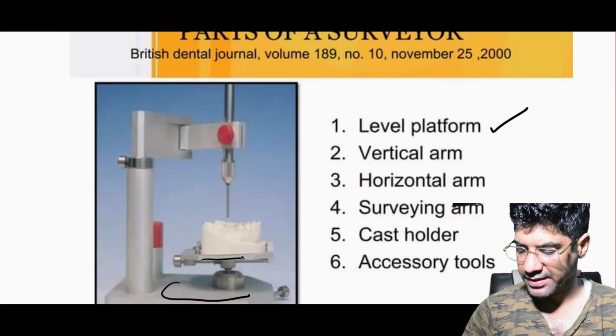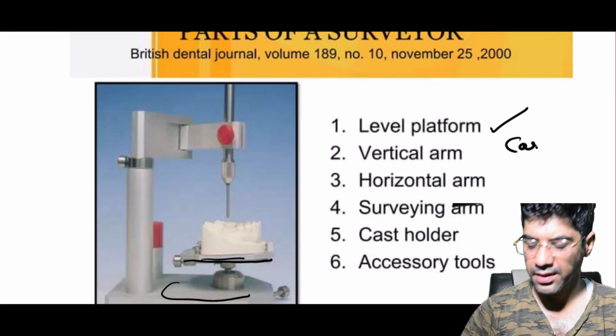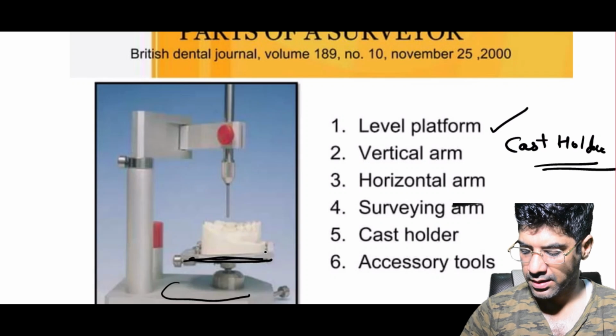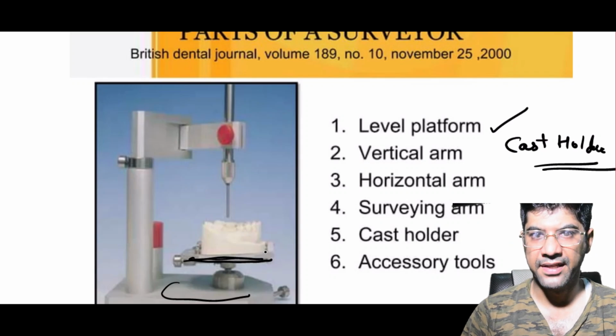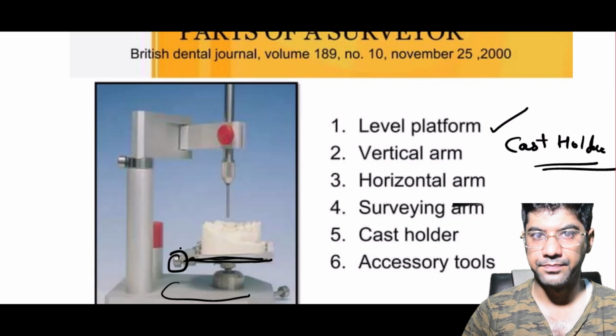The second portion is the cast holder or surveying table. It is a stand placed on the surveying platform and includes a base and table where the cast is placed. The cast can be locked in various positions using a locking device. The table is attached to the base with a ball and socket joint.